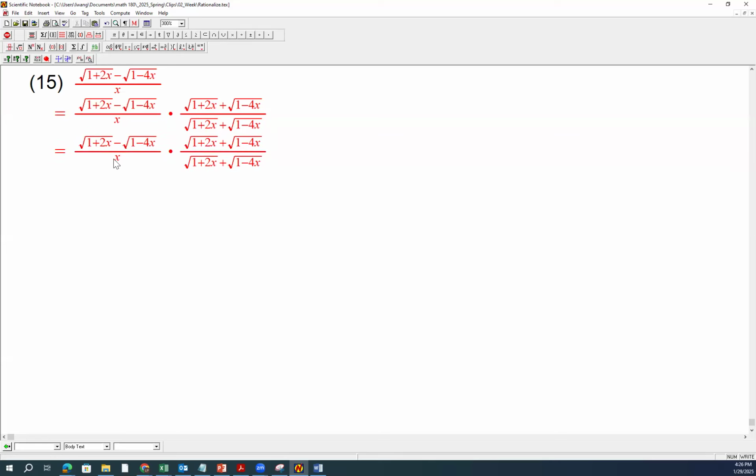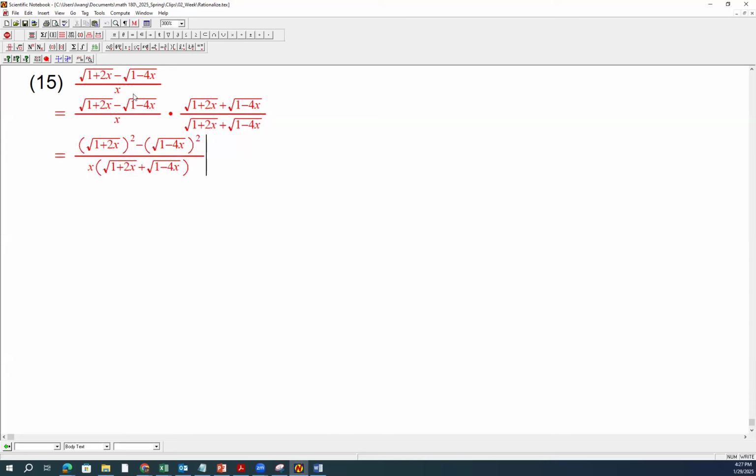Okay? So denominator times denominator. So this is x. Multiply that piece. That will be written like that. Don't forget the parentheses. The numerator times the numerator. We're getting this piece squared minus that piece squared.